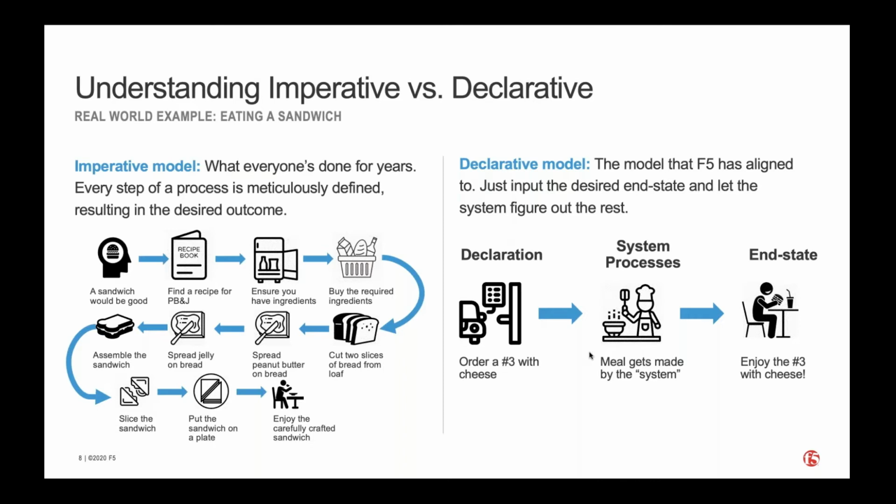For example, here it's for a sandwich: how we are going to make it, what we are going to select on the sandwich, how we are going to enjoy it at the end. But with the declarative model, we are going to order it, a system itself is going to process it, and at the end, you're going to get everything in one go.